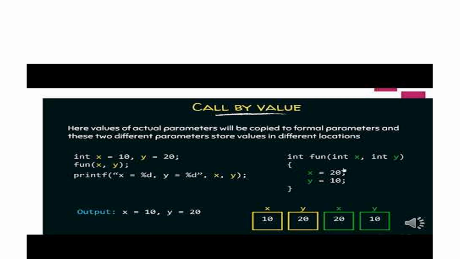We declare integer x comma integer y separately, and initialize x equal to 20 and y equal to 10. So what will be the output? Here the x and y in main are differentiated in yellow color and the function's x and y in green color. So the values 10 and 20 are the actual ones, and the function's x and y values are 20 and 10. This will be the output.